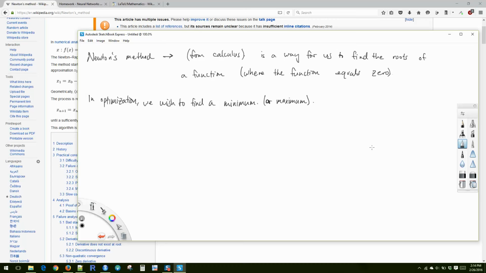To apply Newton's method for optimization requires what we call a twice differentiable function, okay?